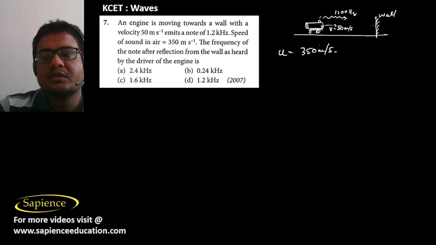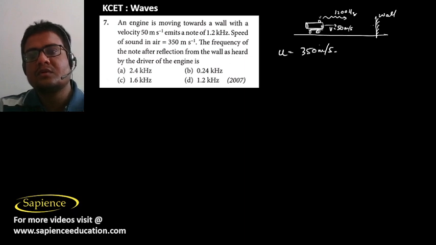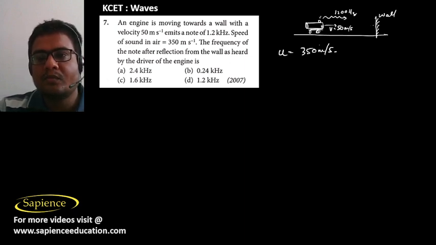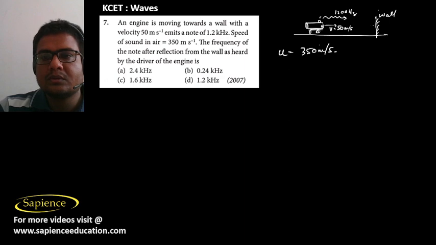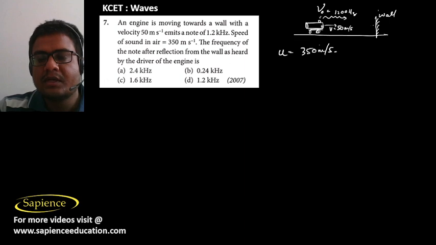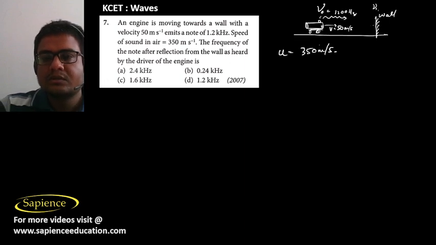So initially, with respect to the wall, let's say the actual frequency nu naught is 1200 hertz, and the frequency received by the wall is nu 1.